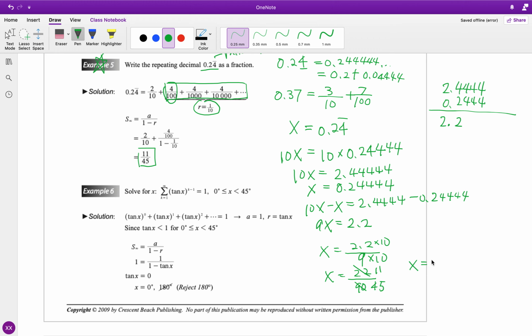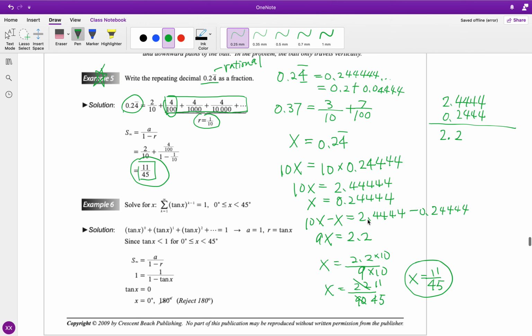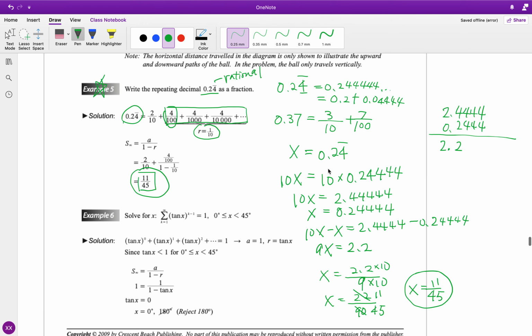So x equals 11 over 45, the same answer as using infinite geometric series theory to rewrite a repeating decimal as a fraction, as a rational number. I personally like this strategy better because I just find it more interesting. I don't know.